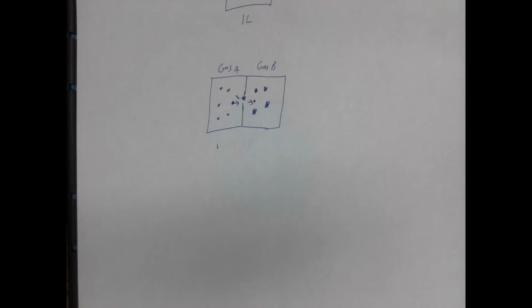So it's basically the mixing of two gases. It's somewhat important, like if you have a can of helium, you want it to be pure helium. You don't want air to get in, and you don't want helium to leak out.